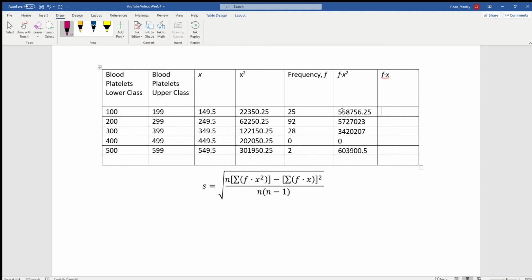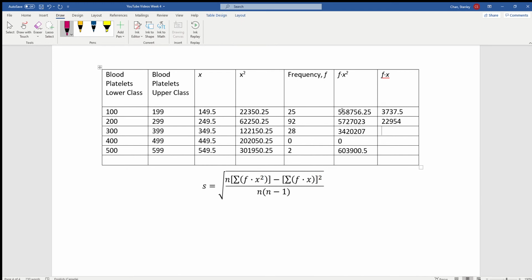So frequency times x. So 25 times 149.5 equals 3,737.5. Next one is 92 multiplied by 249.5 equals 22,954.